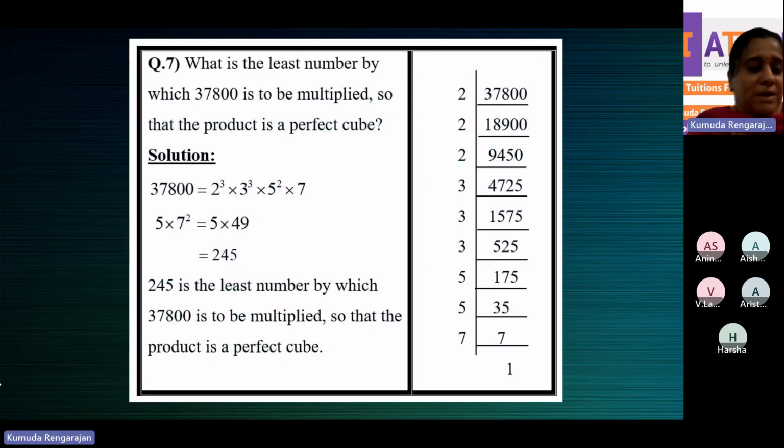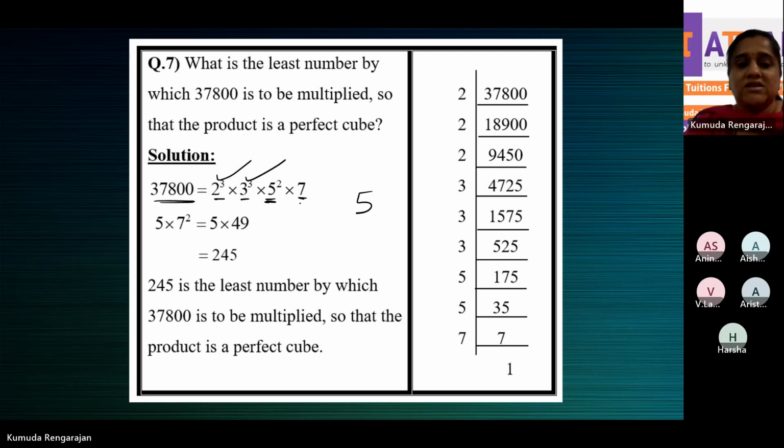So when you see the prime factorization of 37,800, it looks like 2 cubed into 3 cubed into 5 square into 7. This one, 2 cubed, is fine. This one is also fine. This one is not fine. You need 1 more 5 so that it becomes 5 cubed. This one is also not fine. You need 2 more 7s so that it becomes 7 cubed.